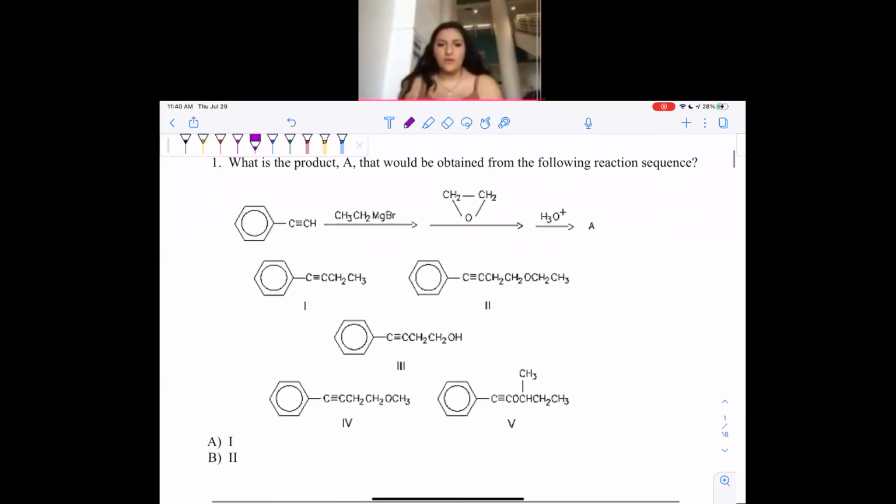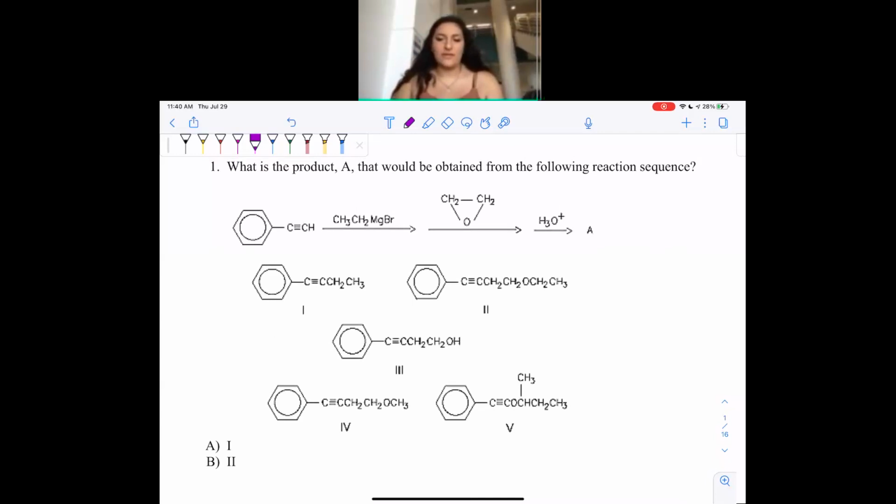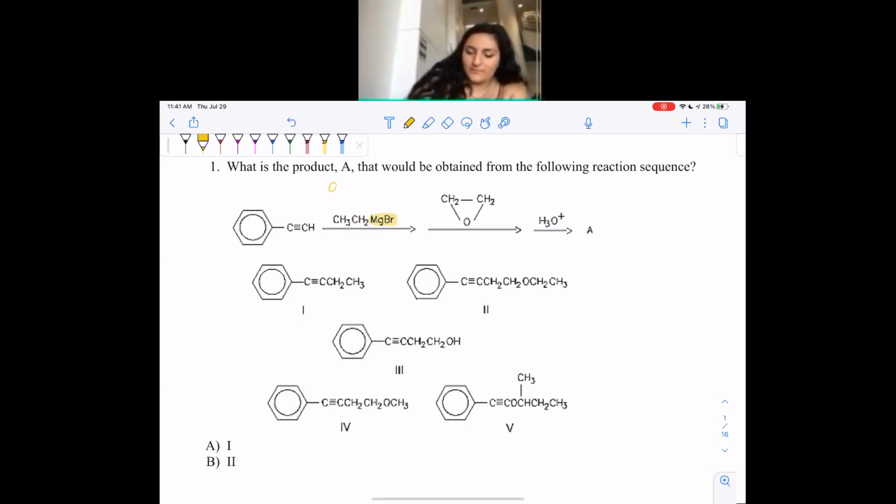Alrighty, so we are going to cover the concepts and how to answer these questions, but I mostly want you guys to take note of how to answer questions. So my method: I look at this and the first thing I see is MgBr. What is that indicative of? The Grignard.